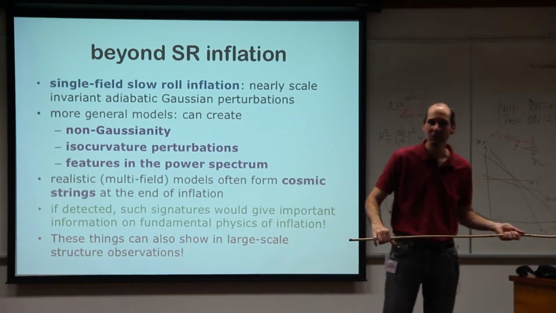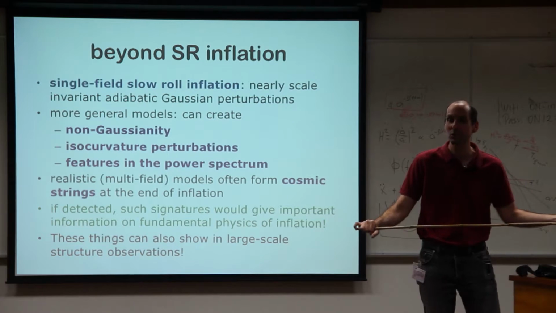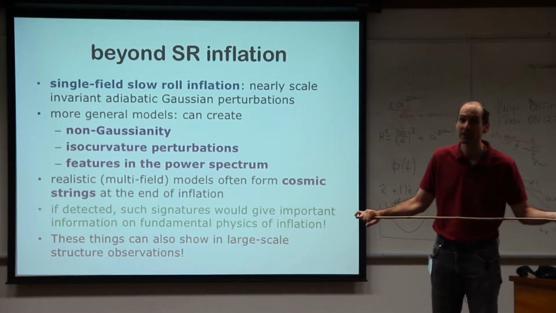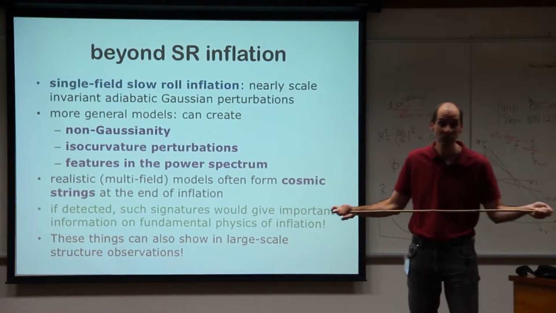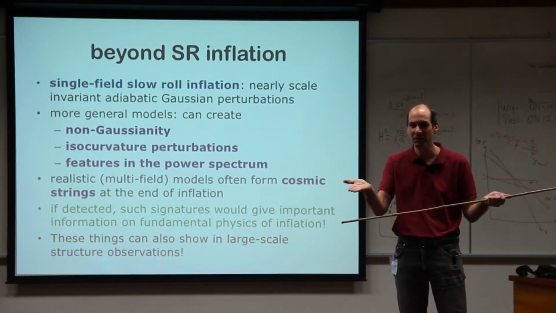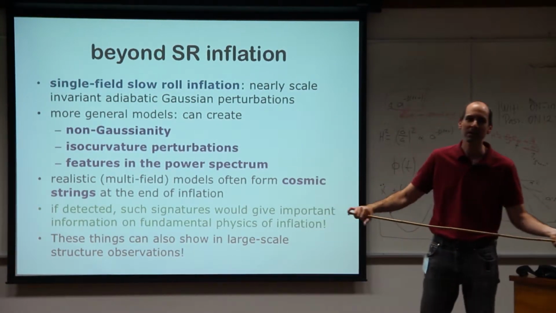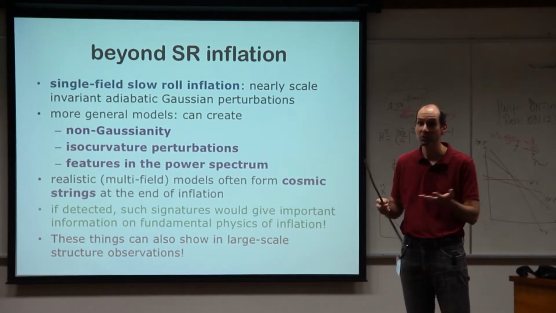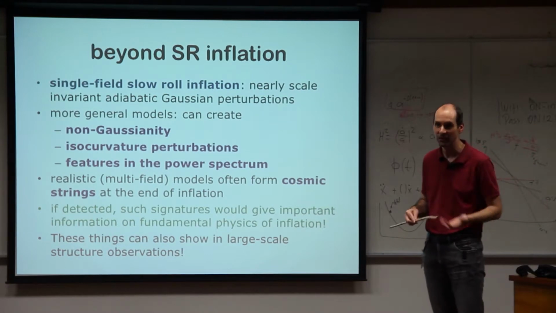If you try to invent particle physics models that do inflation, typically you have many fields, so multi-field models are quite generic. And then, also quite generically, you have some kind of phase transition where you go from one field to another, and depending on the exact implementation, quite often you create topological defects at the end of inflation.